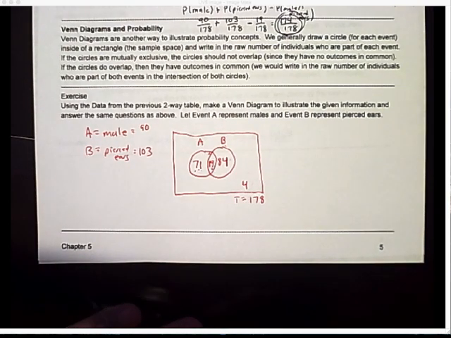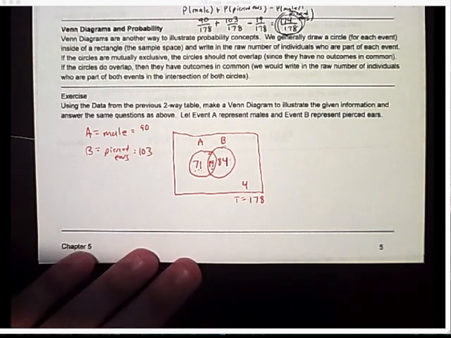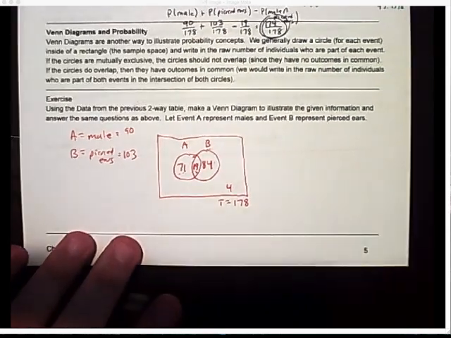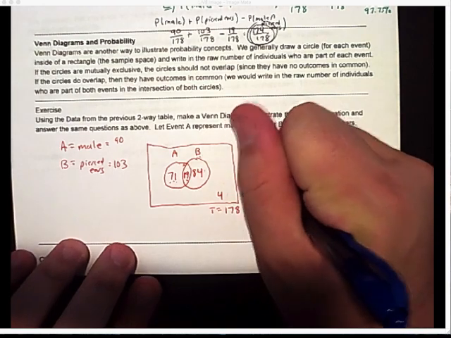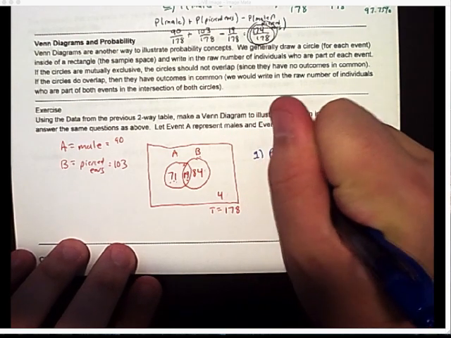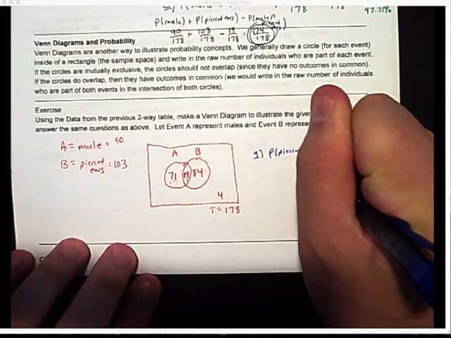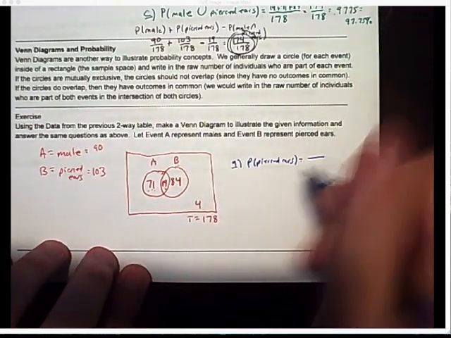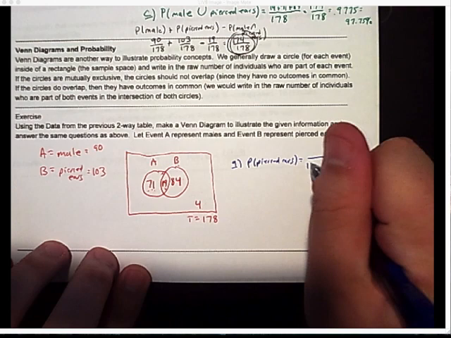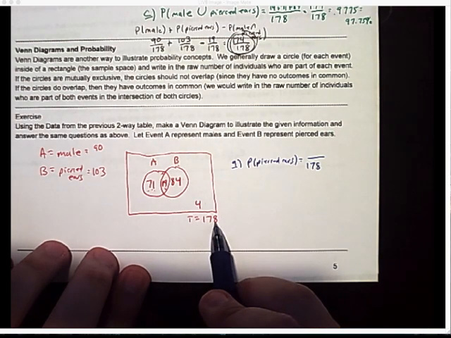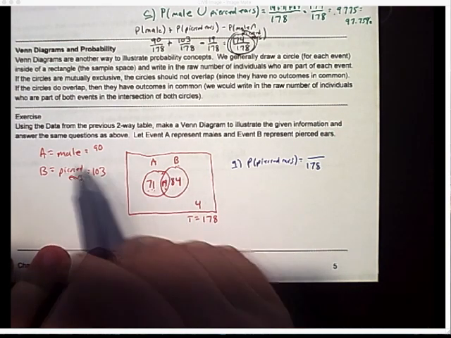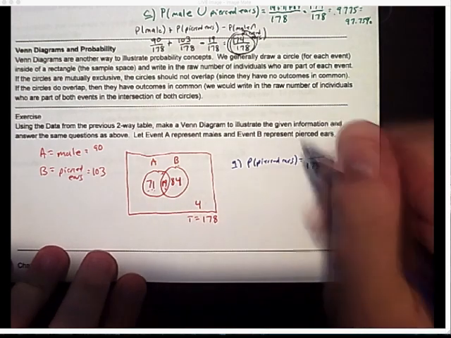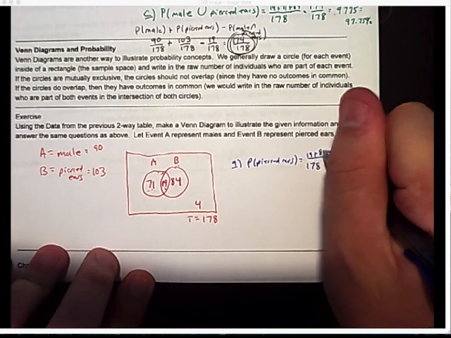And it would. Okay. So answering the same questions here, question A from above, they wanted to find the probability that someone has pierced ears. Well, looking just at the Venn diagram, you got the 178 down there. Pierced ears is event B, so we would add these two numbers. So 19 plus 84.